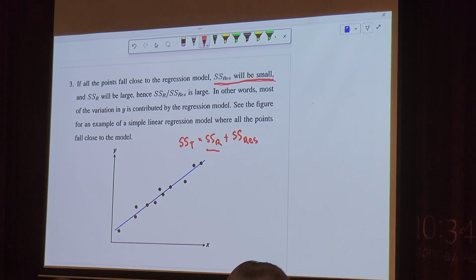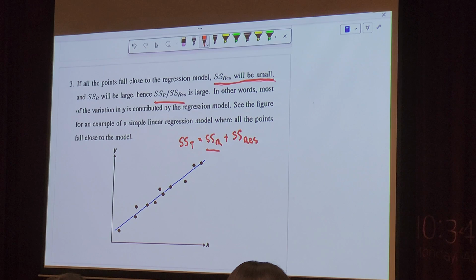So now we have a case where SS residue is small, SSR will be large. If you look at this ratio, SSR over SS residue, you find that this ratio will be large, because the numerator is large, the denominator is small, so you have a large ratio.